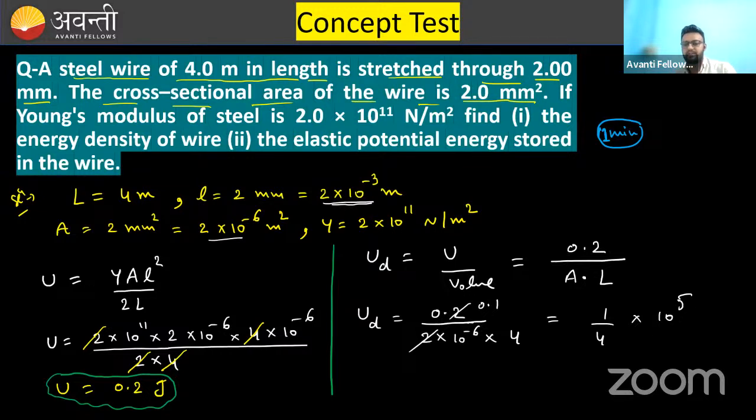I hope I have mentioned it correctly. So energy density is 0.25 into 10 raised to the power 5 joule per meter cube. Let's check the calculation. Otherwise, the concept is, I hope, clear in your mind.